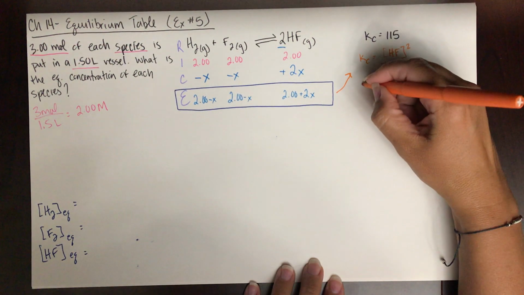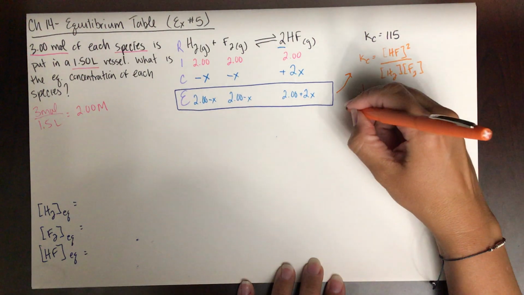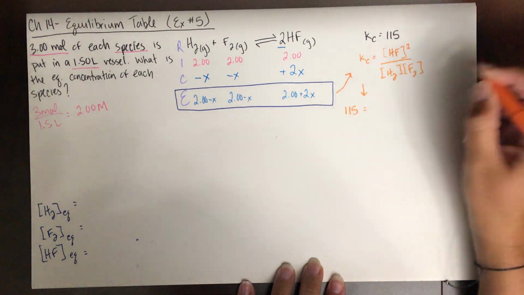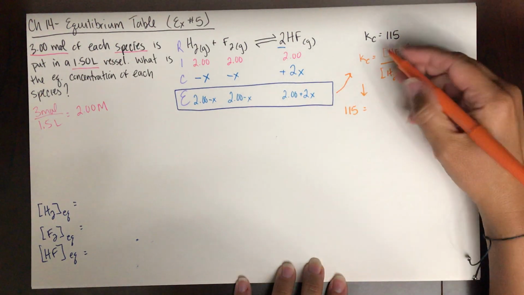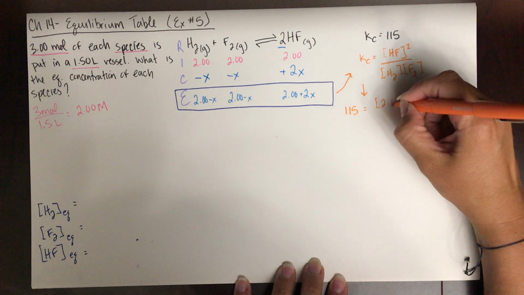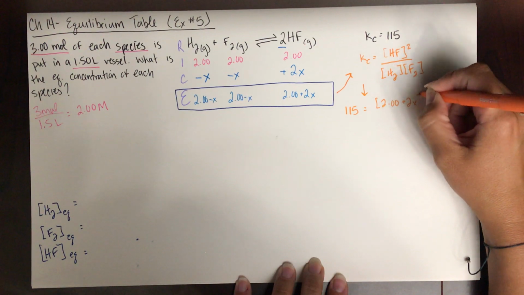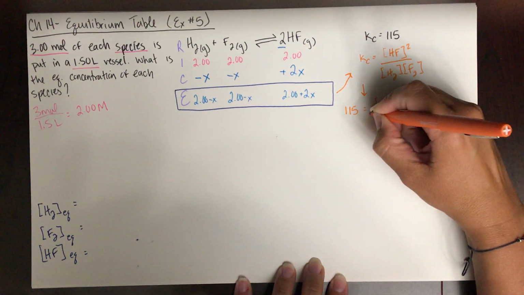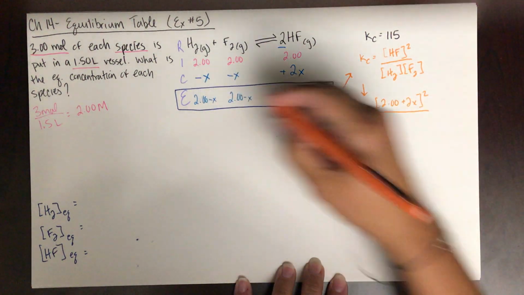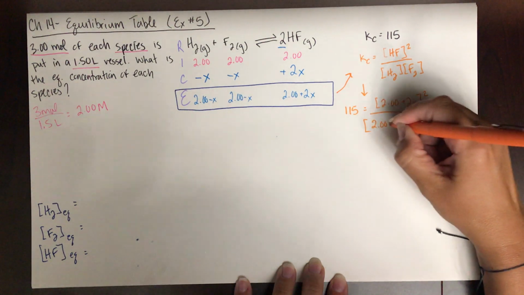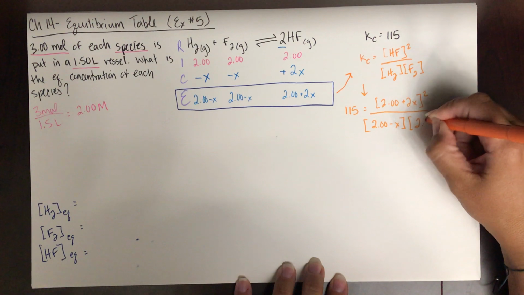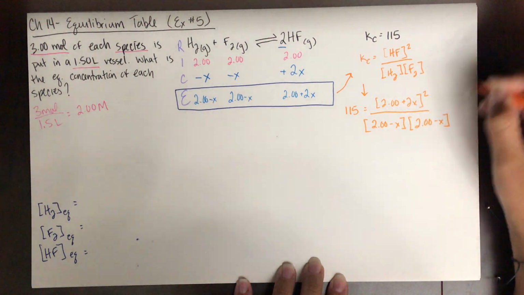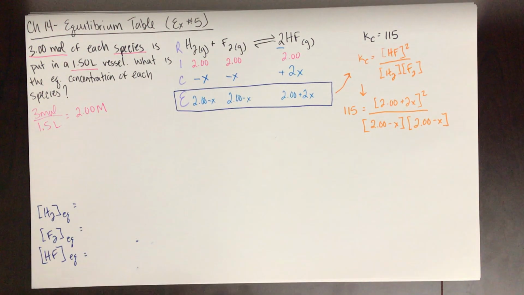So now let's plug in what we know. 115 is the Kc, which equals the equilibrium concentration of hydrogen fluoride, 2.00 plus 2x, squared, over 2.00 minus x times 2.00 minus x.